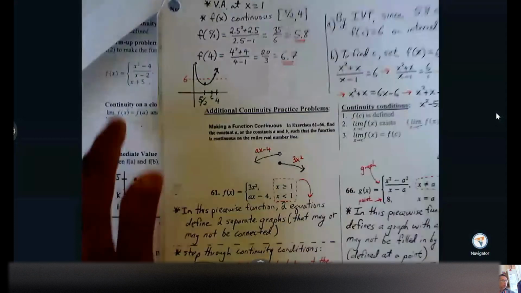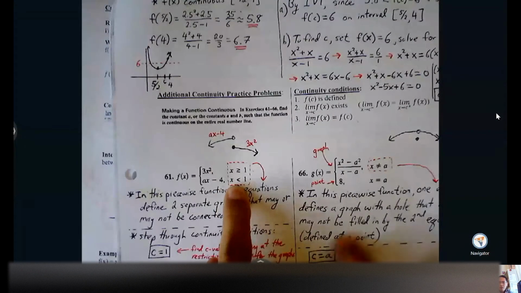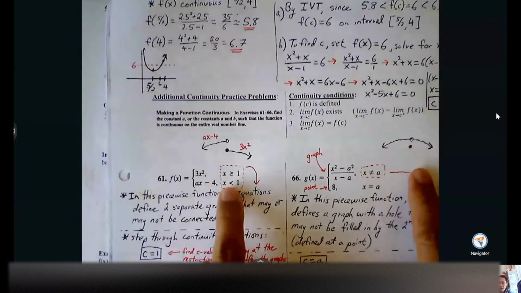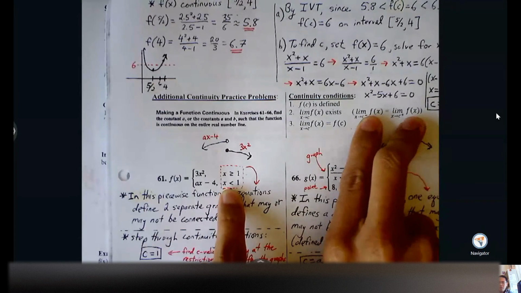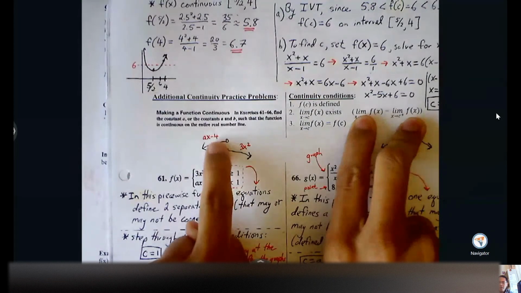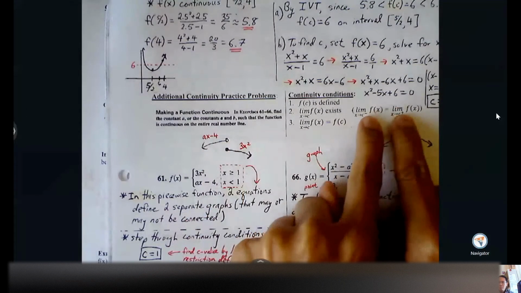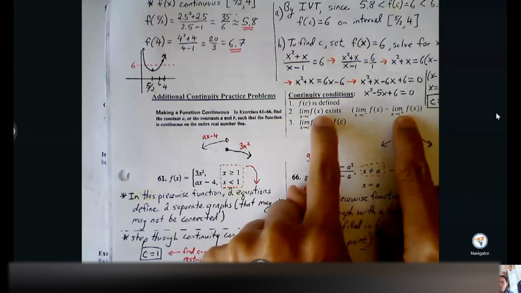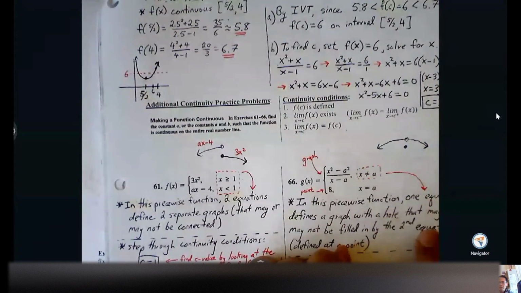Yes, question? For 61, you said what condition would be affected? Right. So if you have a greater than and less than, you know that if it's going to fail continuity, it's going to fail because the second condition is not going to pass, because the branches may be disconnected. All right, thanks.